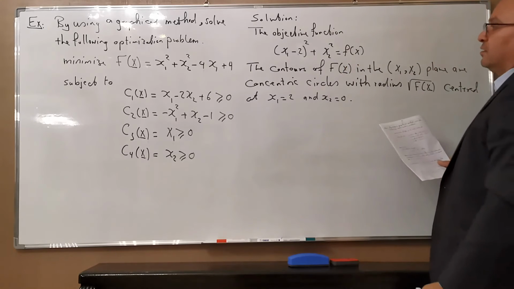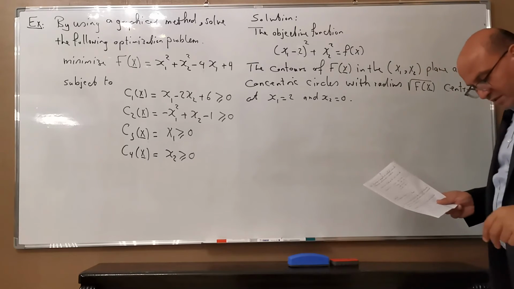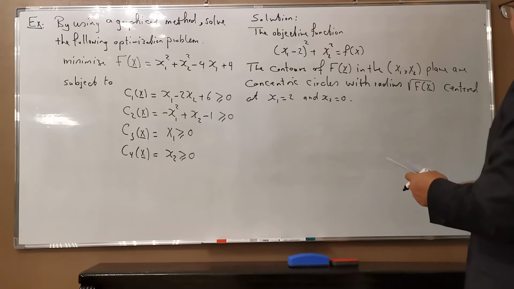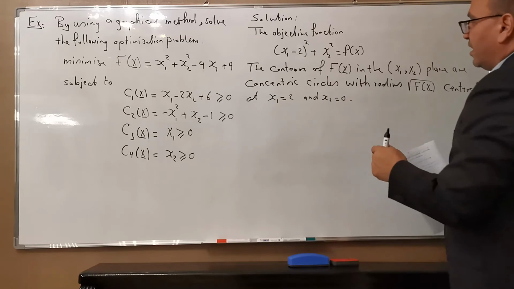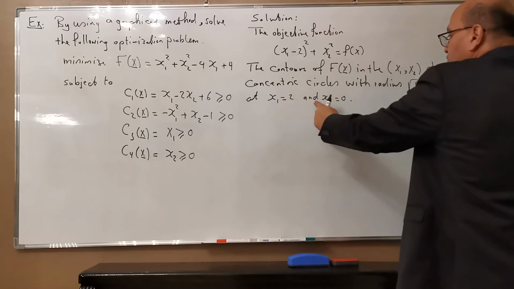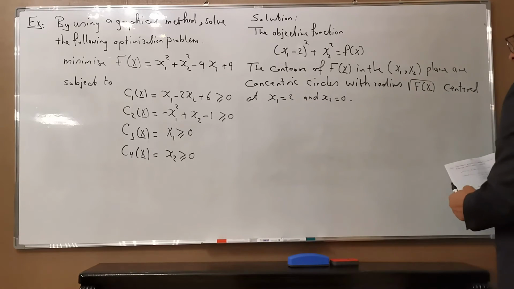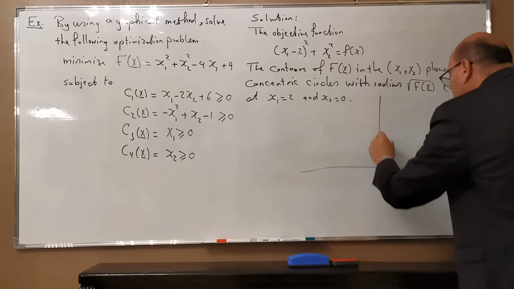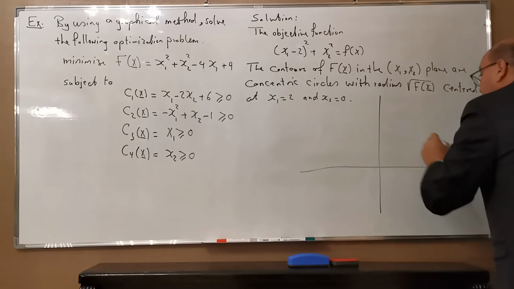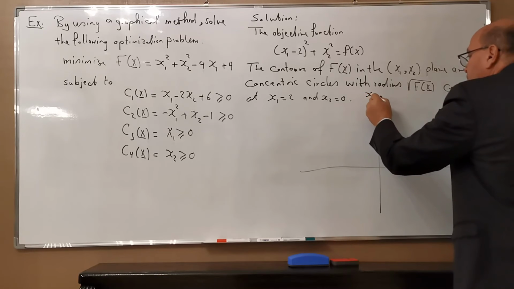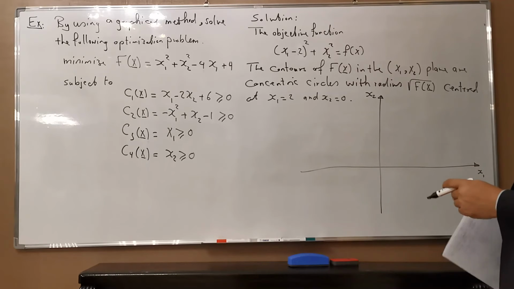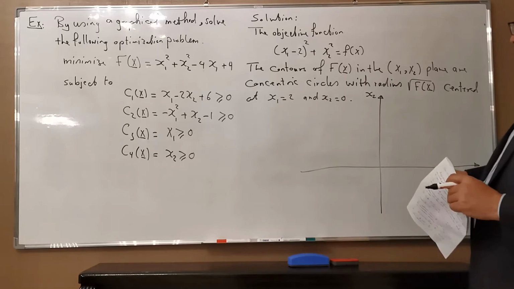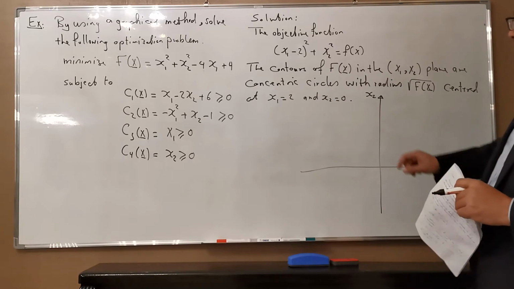So these are the contours of the objective function. They are circles. Concentric circles means that they have exactly the same center. The center is x1 equals 2 and x2 equals 0. If we draw the two-dimensional plane with x1 and x2 as axes, and we draw the contours of f of x, they are actually like topology graphs, and they draw the lines where we have exactly the same f of x.